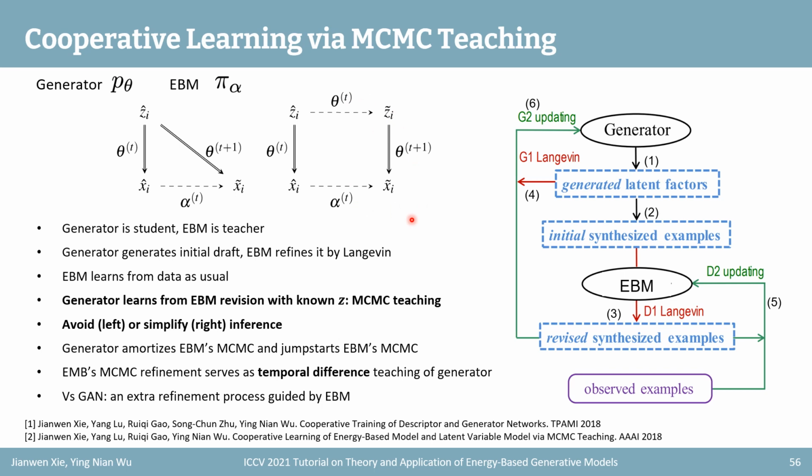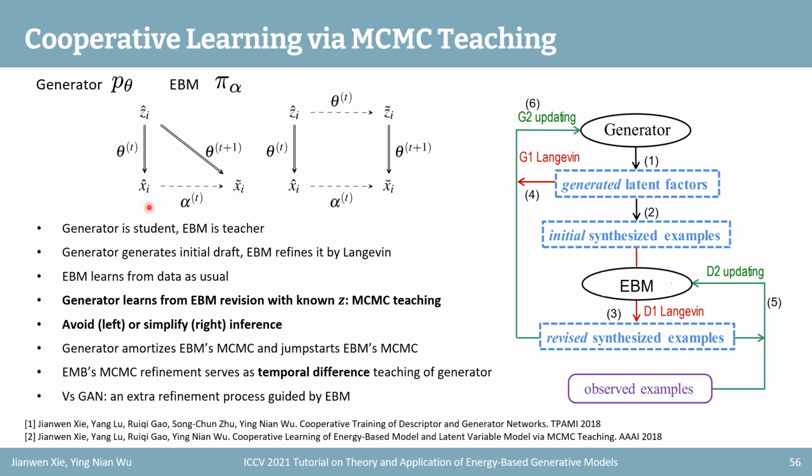So what we call MCMC teaching is that we use this short-run MCMC for refinement to teach the generator network. So that is, the EBM as a teacher refines the initial draft of the generator, and then the generator learns from the refinement by updating its parameter to absorb the refinement.